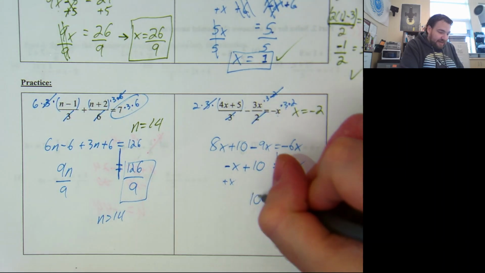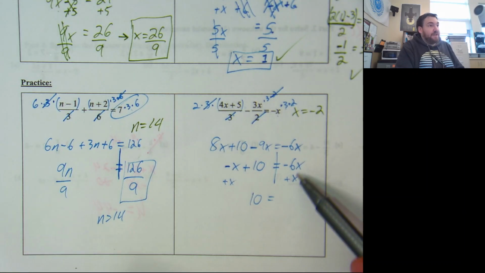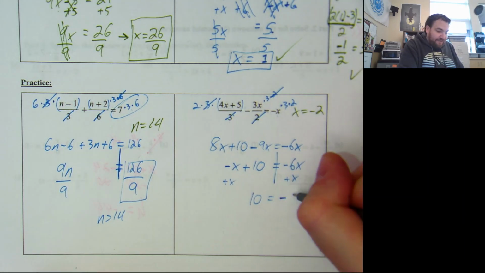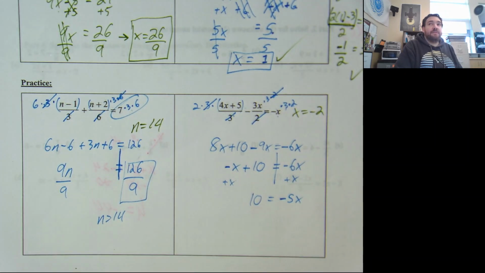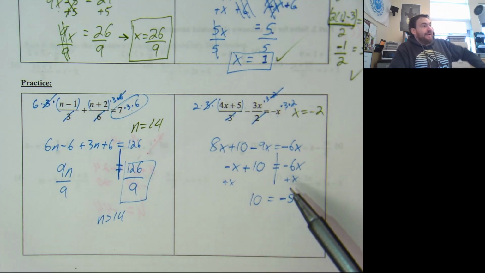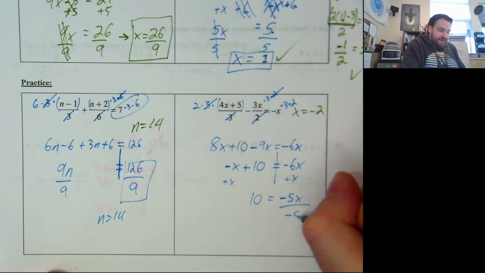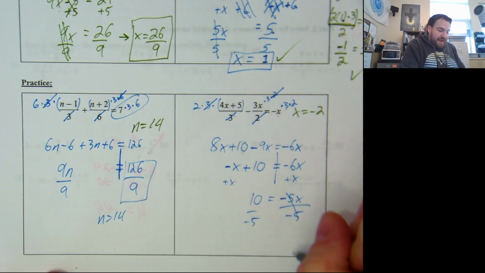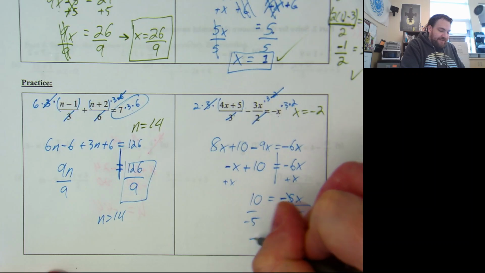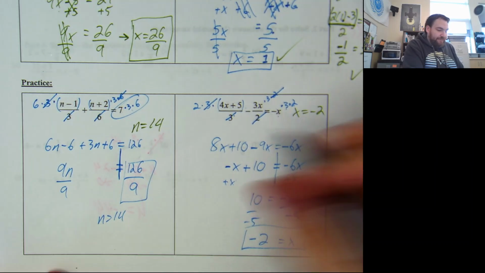So I'm going to get 10 equals negative 6x plus 1x is going to be negative 5x. I'm at negative 6 going up 1 towards 0. I divide by negative 5, divide by negative 5, and you're going to get x equals 10 divided by negative 5 is negative 2.